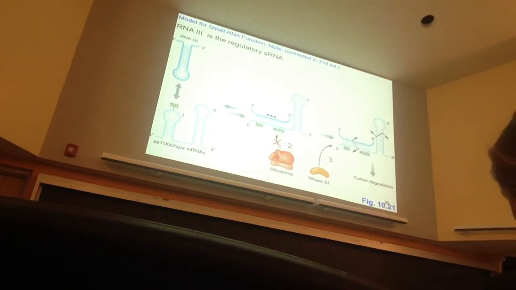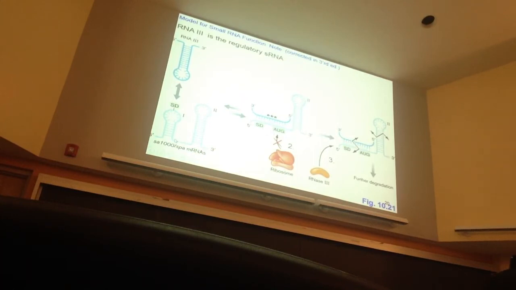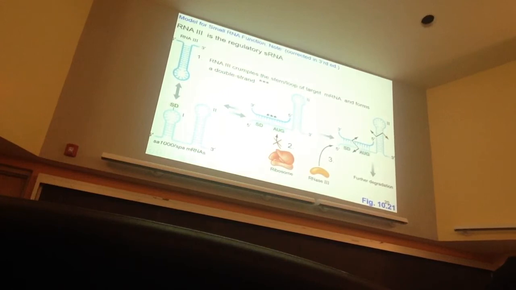Here's the Shine-Dalgarno sequence, which is part of the ribosome recognizing where it should translate. And I've got some text in here. So what this regulatory RNA does, if you look at this, the messenger RNA that needs to be translated is in light blue, and the regulatory RNA is in dark blue.